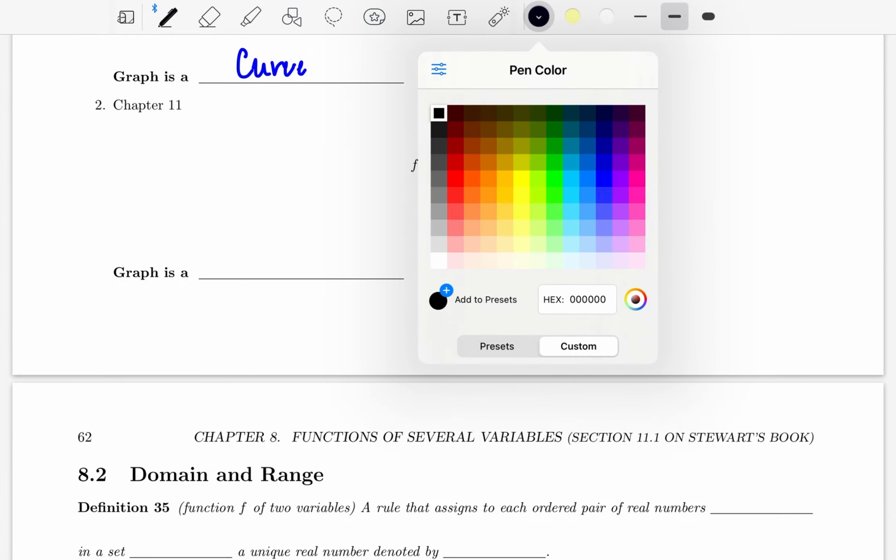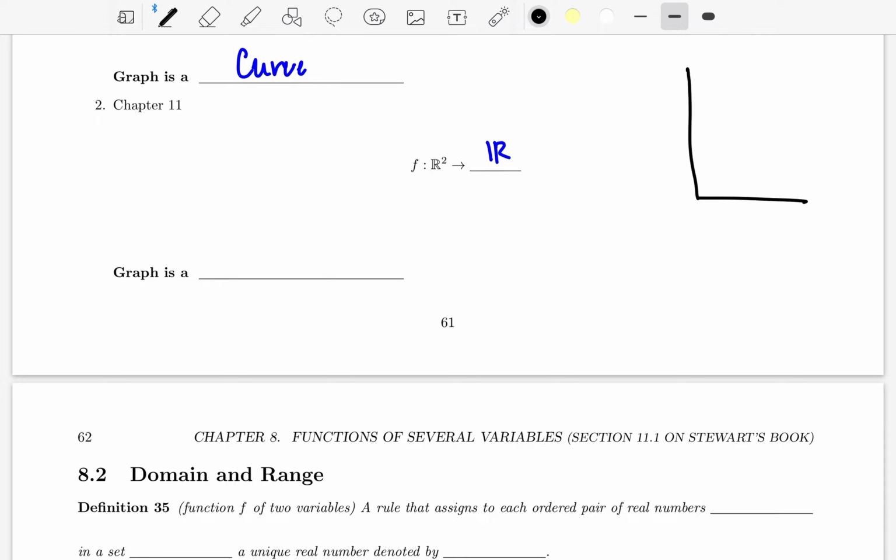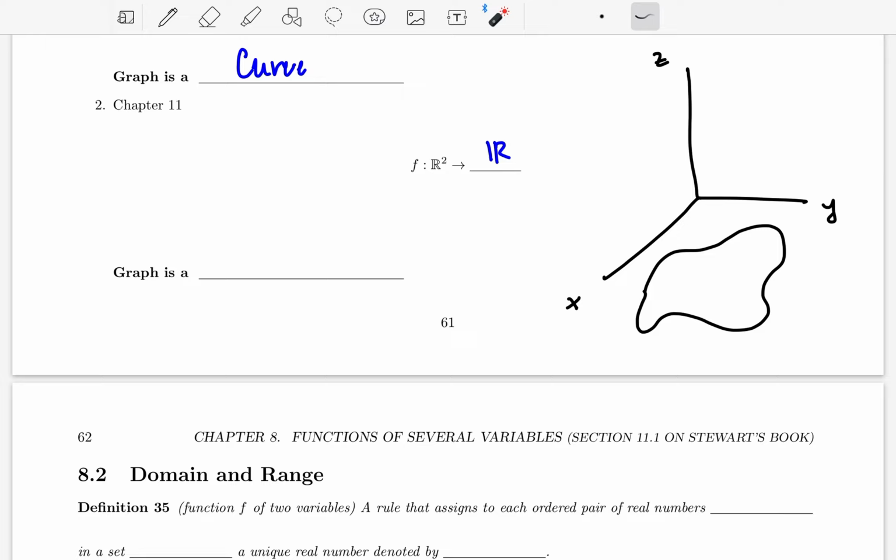Now, let me show you graphically what's going to happen. So this is x, this is y, this is z. Now my domain will live in R2. In this case, I'm doing the XY plane. And imagine I have a source of heat here. And then at this location, at this point XY, I record the temperature and I get this much.